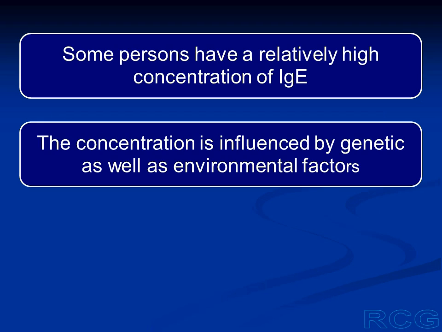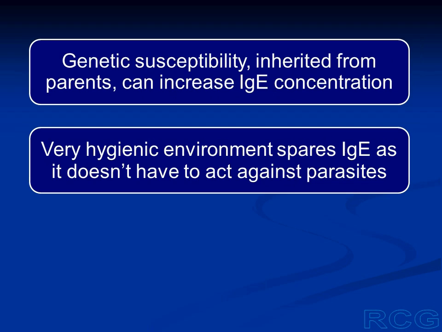But some persons have a relatively high concentration of IgE, higher than normal. This higher concentration may be because of genetic factors or environmental factors. Some persons inherit this higher concentration of IgE from their parents, so it is genetic in origin.